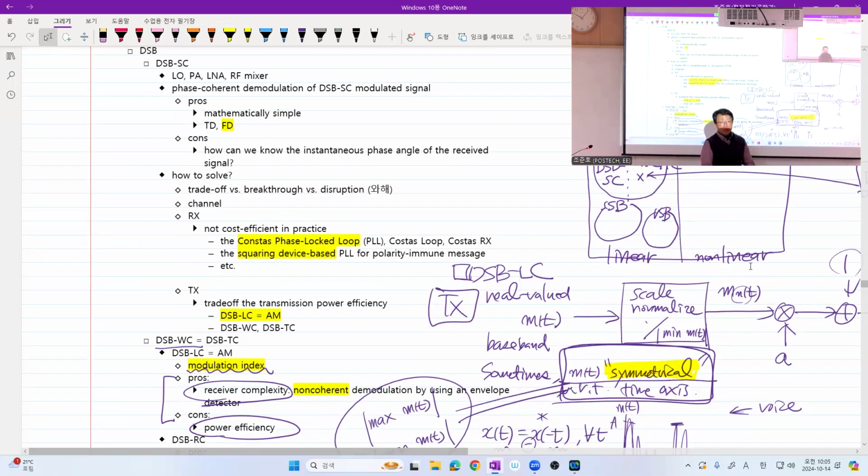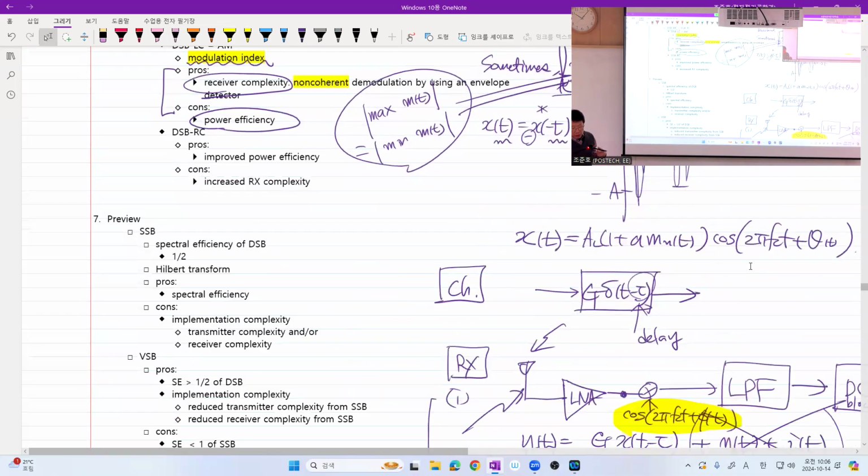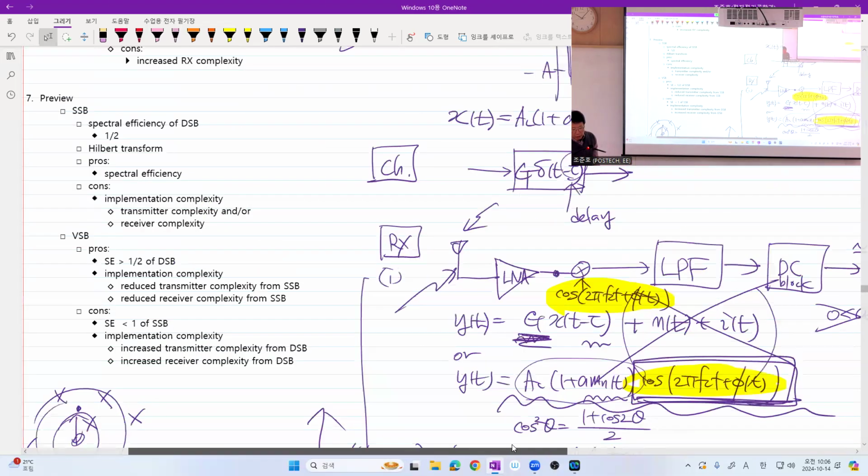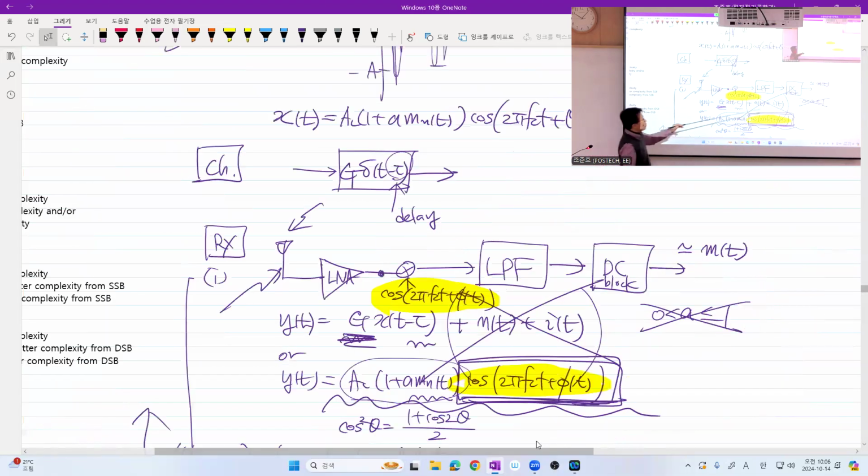What does that mean? If you keep using envelope detector, then you have distortion. But still, as I told you, if you can build a coherent demodulator, even for A greater than 1, you can extract m of t without distortion or without much distortion.